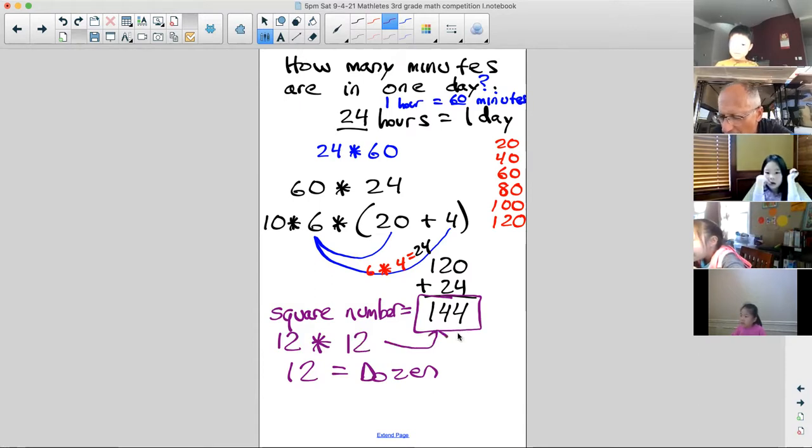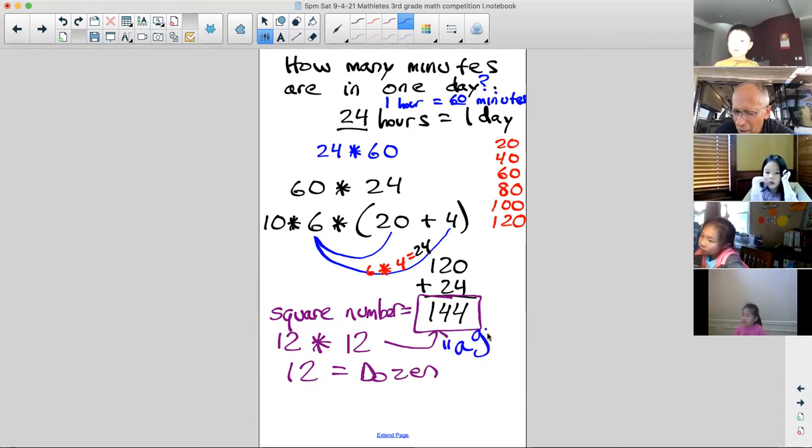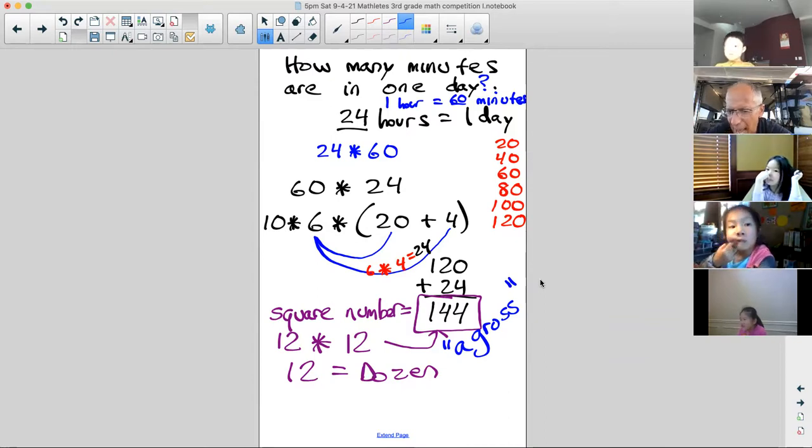And do you know what else it's called? You guys are going to laugh. Are you ready? 144 is called a gross. And gross is actually an adjective in English that is not a very nice adjective.